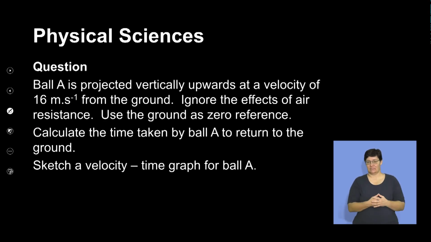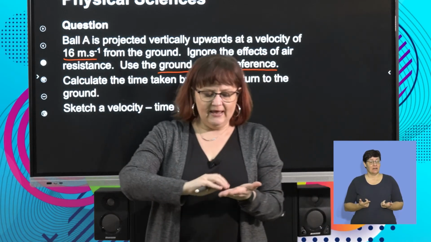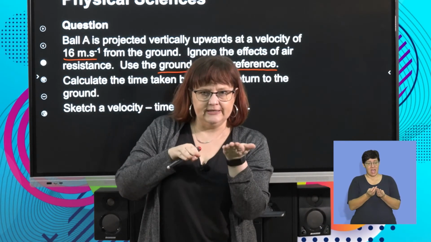We have a ball projected vertically upwards, in other words, thrown, with a velocity of 16 meters per second from the ground. Ignore the effects of air resistance. Use the ground as 0 reference. What does that mean? That means that we compare everything to the ground as my 0 point.